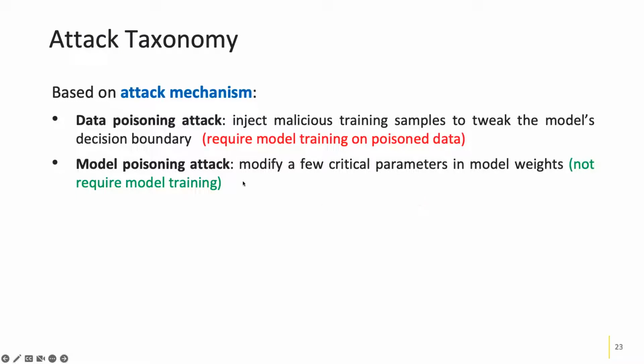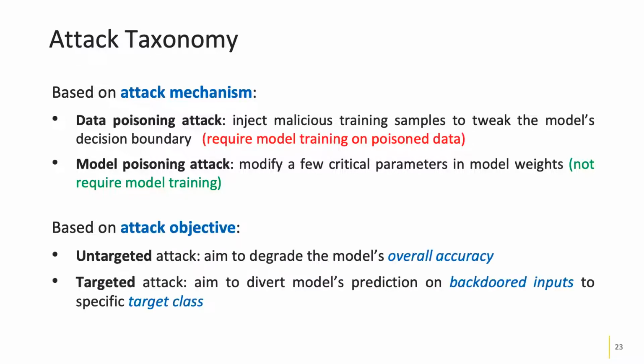The second type, model poisoning attack, does not require model training, and instead it directly manipulates the critical parameters in the model weights. Another criterion for taxonomy is the attack objective. The poisoning attacks can be either untargeted or targeted.